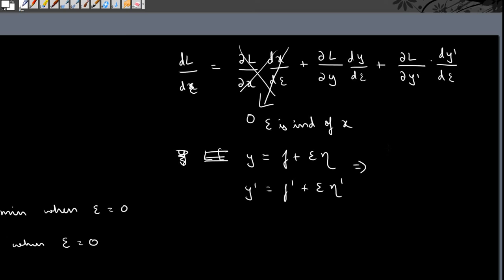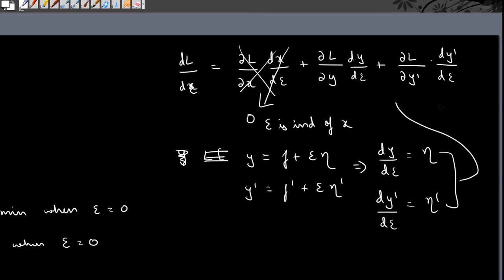So this implies dy by d epsilon will be equal to eta and dy dash by d epsilon will be equal to eta dash.